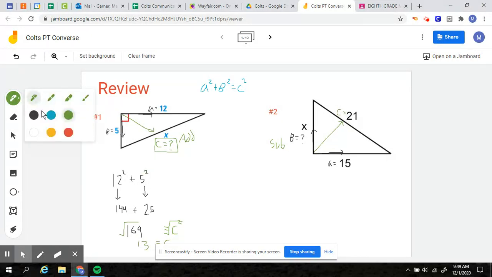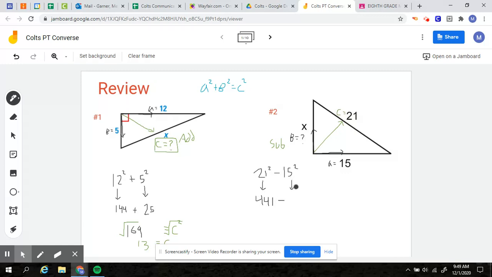So we're going to take our bigger number, 21, do 21 squared, and subtract the smaller number, 15 squared. So in this case, we're just going to simplify now. So 21 squared is just 21 times 21. This equals 441 minus, and now I'm going to do 15 squared.